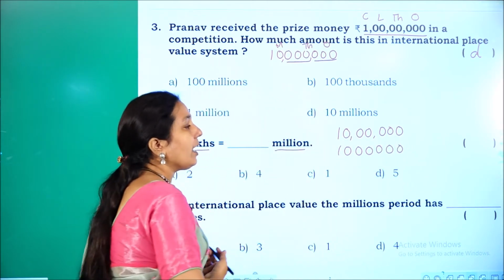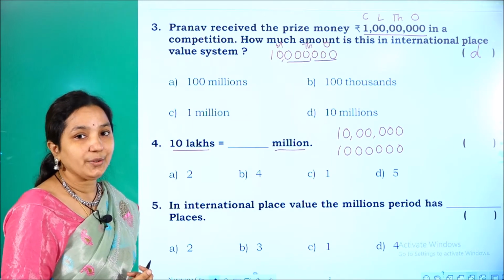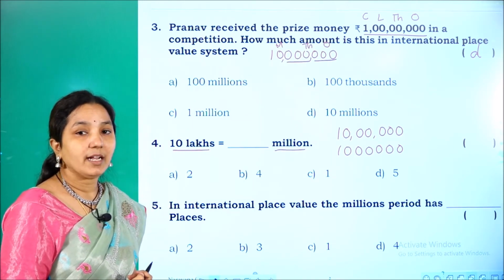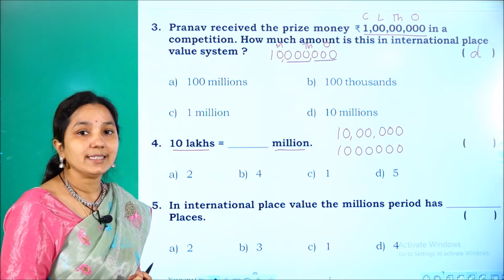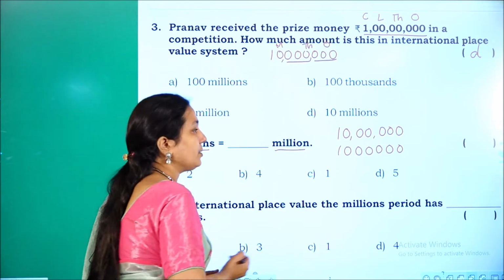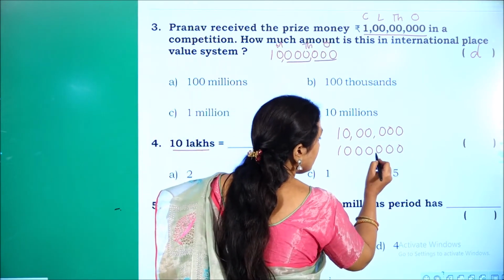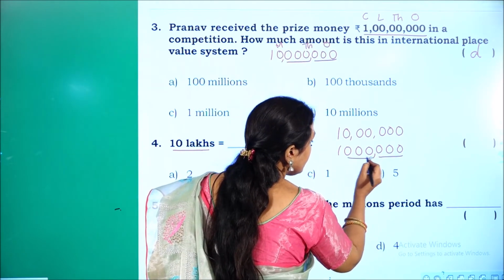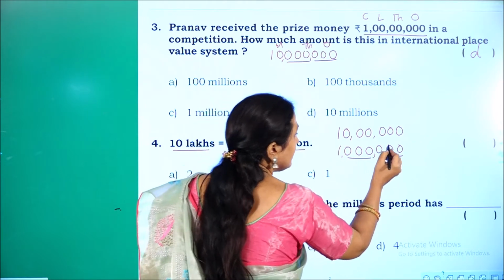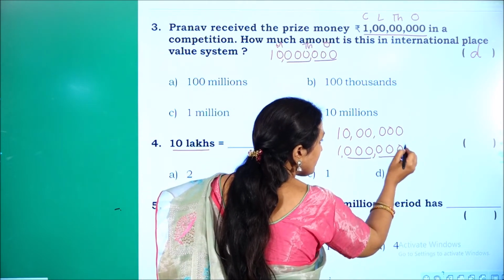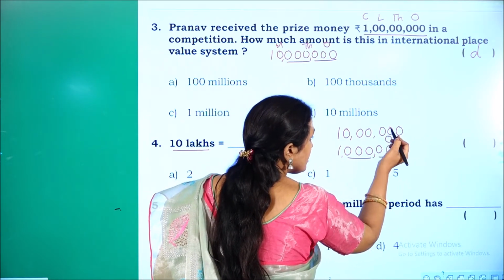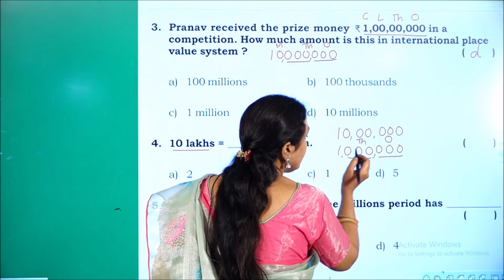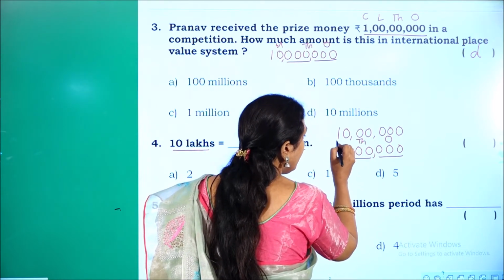So now I have to keep the commas according to international place value. In international place value every period consists three places. So these 3 places considered ones period, these 3 places considered thousands, and coming to this part millions.